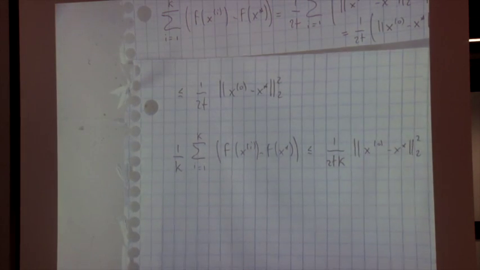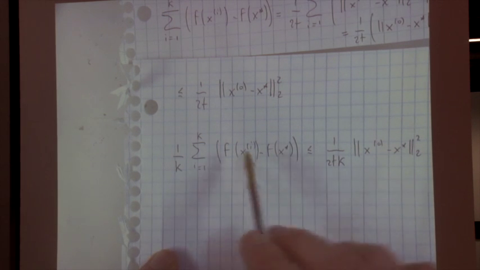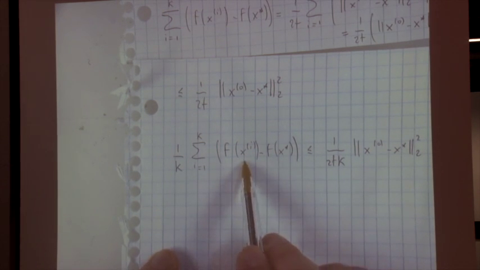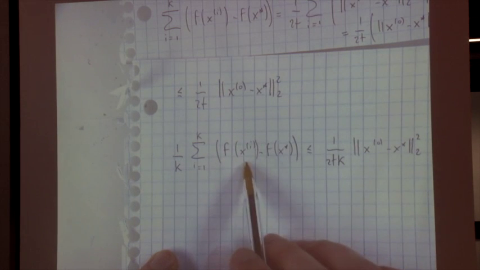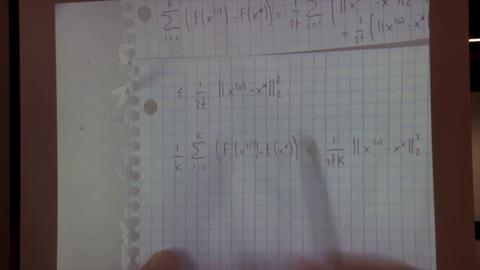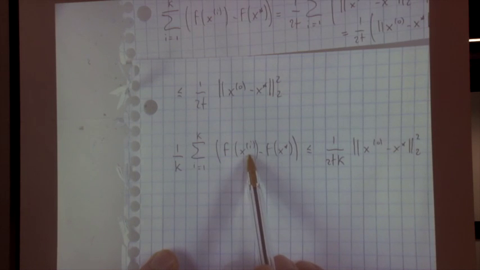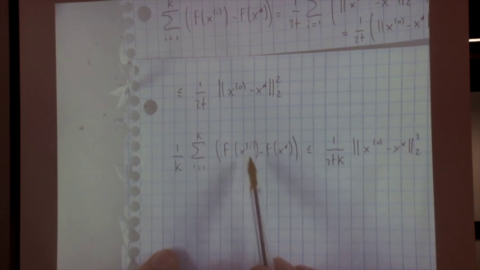Okay? And then we are there, because if I take the kth one, the kth one is going to be the smallest of these summands, right? Because I'm progressively decreasing the function, so f of x k minus f of x star is going to be the smallest of all of the f of x i.